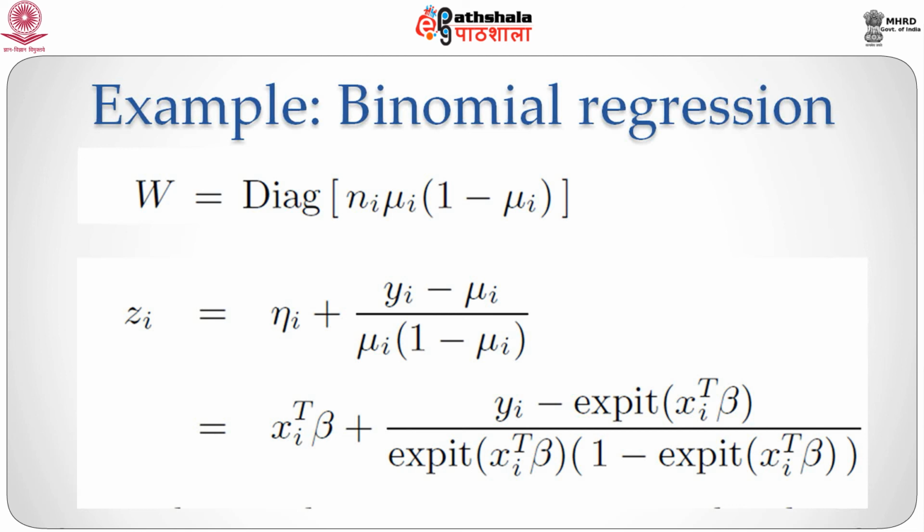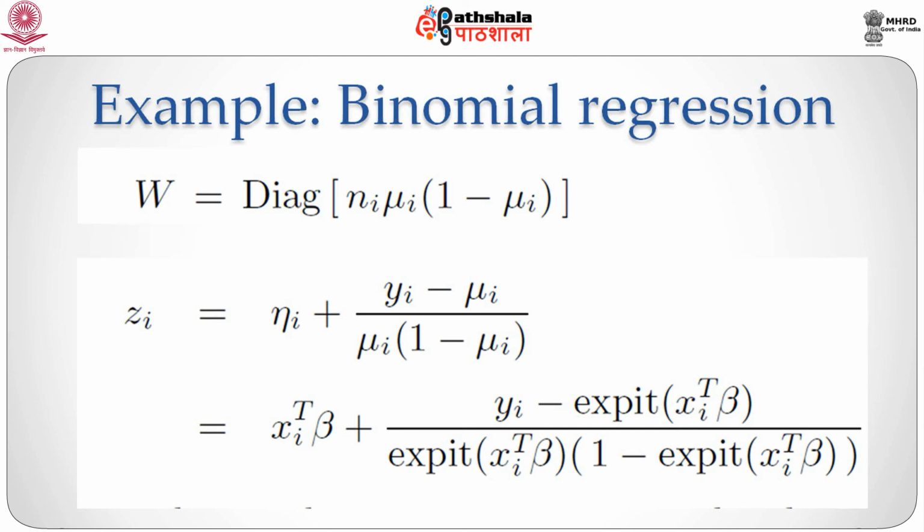So in the context of binomial regression, fitting an IRLS would involve first finding some initial estimator. We can do this by using least squares, using it to construct the variable z1, as also the weight matrix W1. We can then fit a weighted regression of z1 on X using the weight matrix W1, to get the new estimator beta 2.